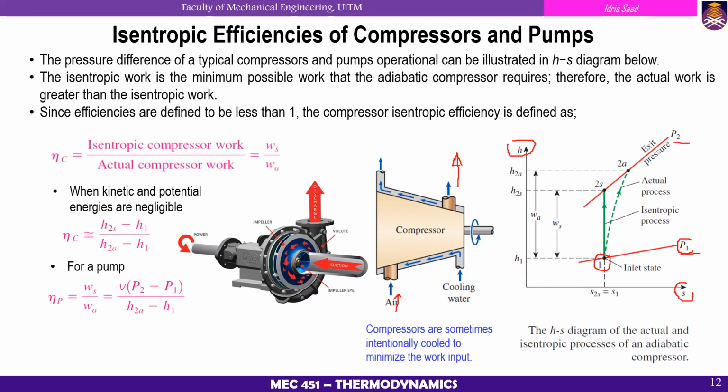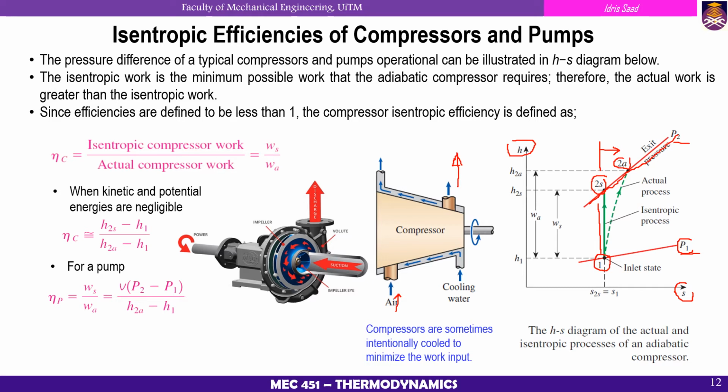If it is isentropic, then S1 is equal to S2S. However, for the actual condition, we know that the entropy must always increase. Therefore, state number 2 falls here, on the same pressure line as the isentropic state.